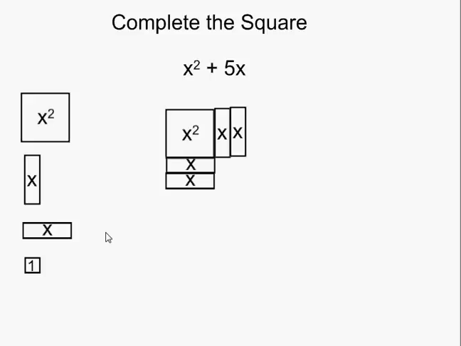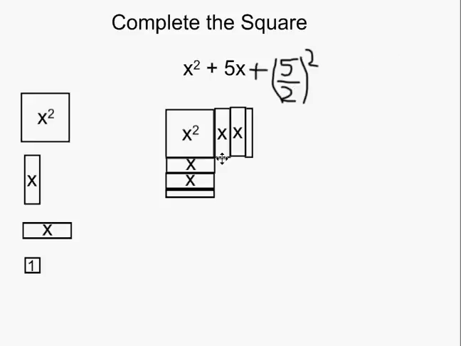What's the pattern happening? If I wanted to, I could put a little sliver of a half of an x on this side and a half of an x on this side, just to get the idea. So what would I really be adding to this corner to complete the square? I'd be adding 2.5 by 2.5, right? So I'd really be adding 2.5 squared.